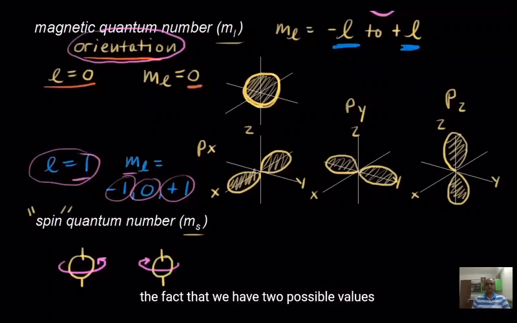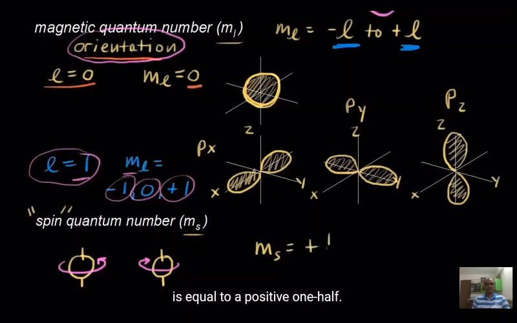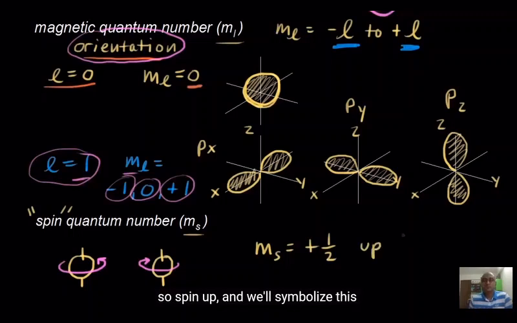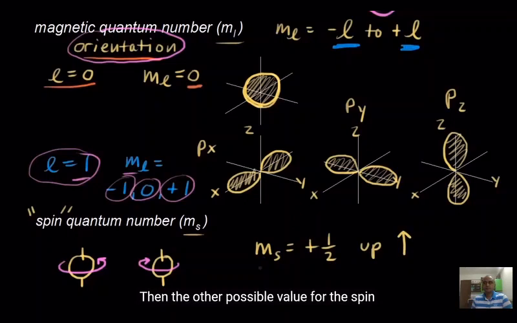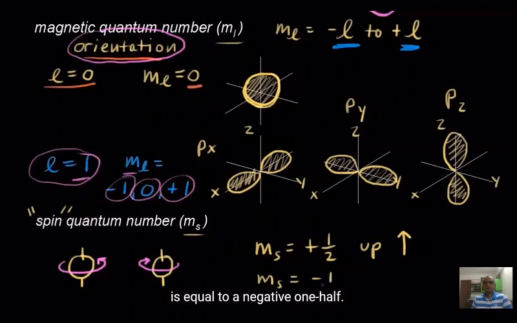but it does help me to think about the fact that we have 2 possible values for the spin quantum number. So you could spin one way, so we could say the spin quantum number is equal to positive 1/2. So usually you hear that called spin up, and we'll symbolize this with an arrow going up in later videos here. And then the other possible value for the spin quantum number is negative 1/2.